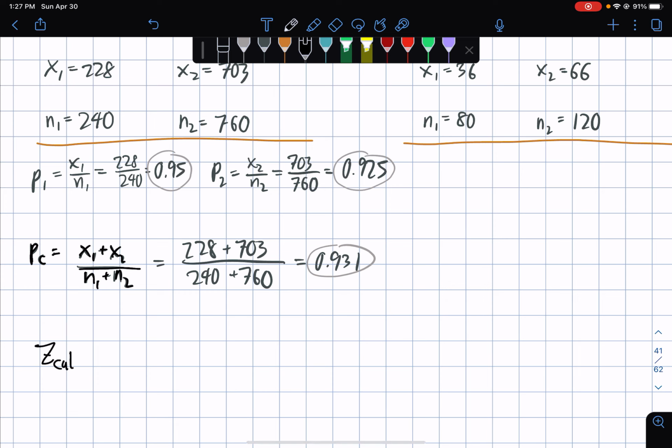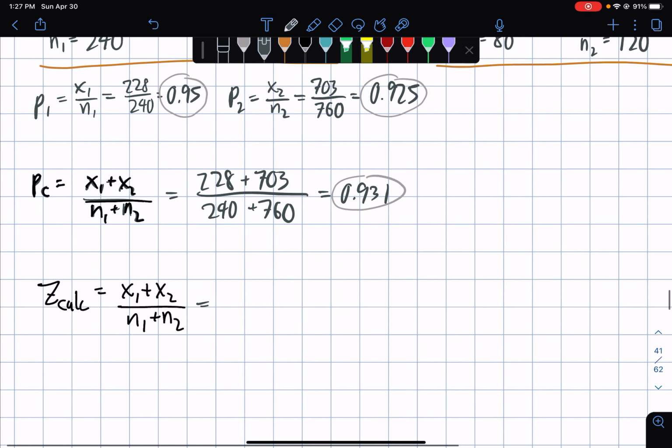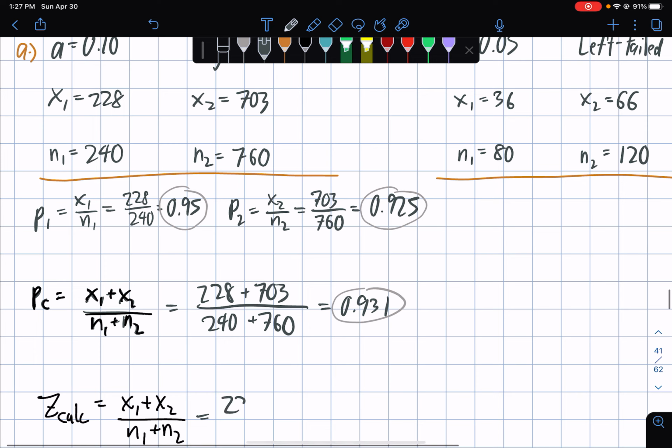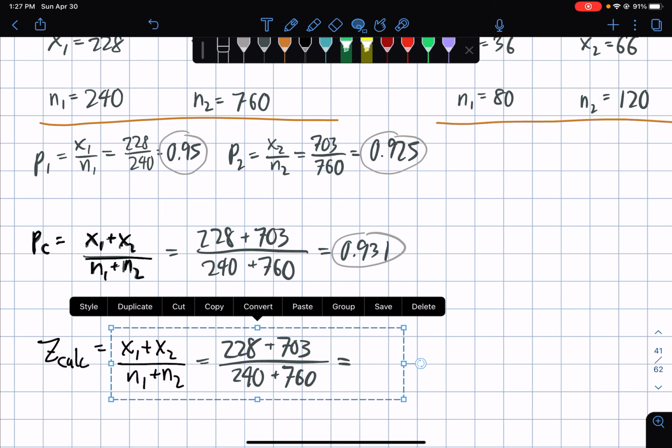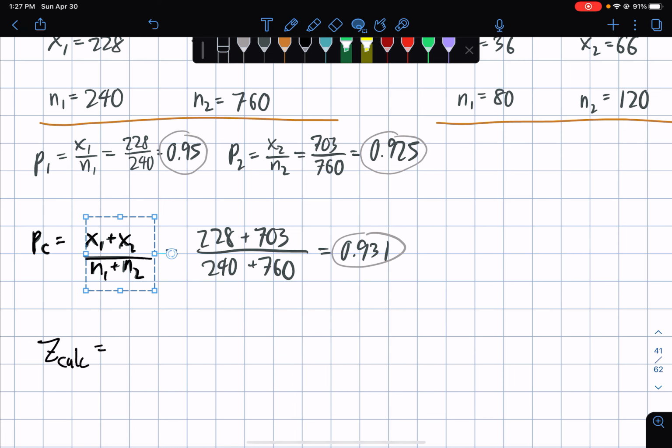Oh wait, shoot, this is the pooled proportion: x1 plus x2 over n1 plus n2. Easy as that, you can easily memorize it. For x1 it's 228, x2 is 703, and n1 and n2 are 240 and 760 respectively. We just did that earlier.